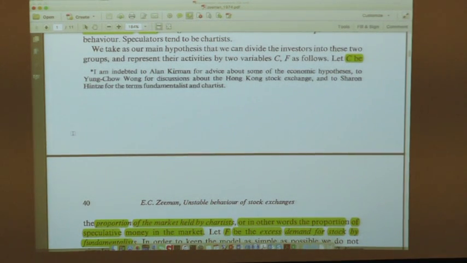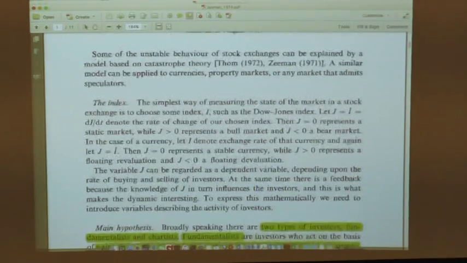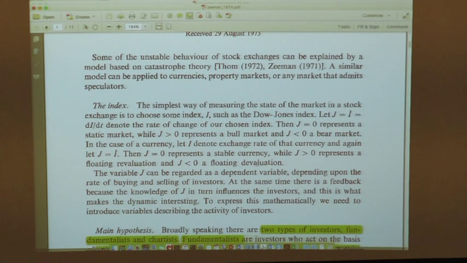The whole idea is that if the proportion of chartists increases very high in the market, because speculators are very high, then the market is liable to sudden crashes, okay? That's the hypothesis. So he says, we ask the question, how are the variables C, F, J related? So what is J? J is the index, the Dow-Jones index, which is the rate of change in the value of that index.